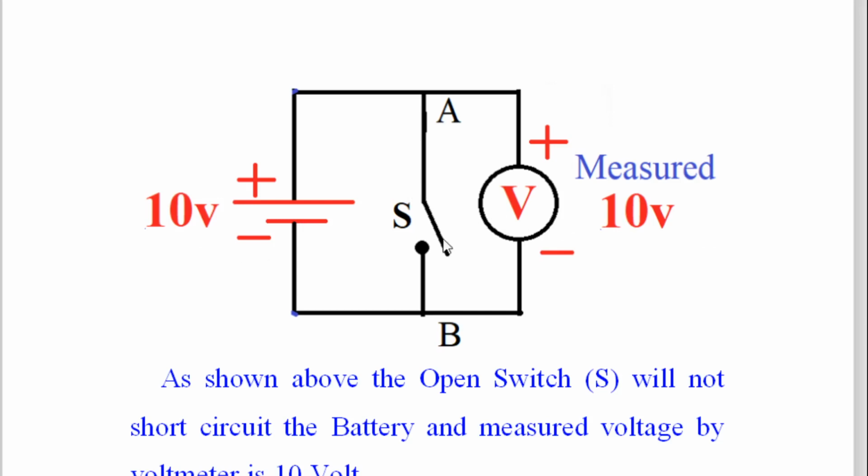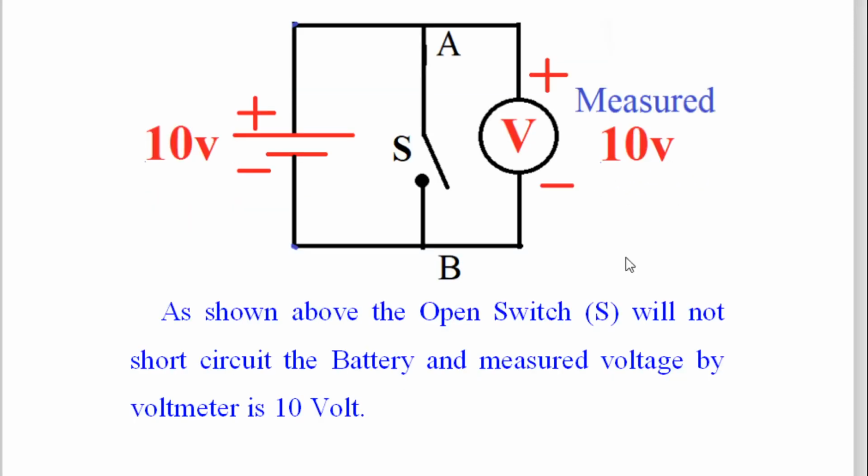Now what will happen? When the switch S is open, it will not short circuit the positive and negative of the battery. Therefore, because it is open, the voltage measured will be 10 volts.